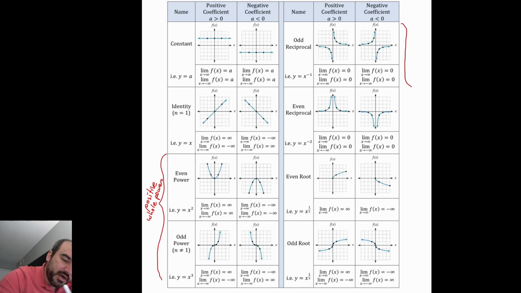These two here are negative whole powers.